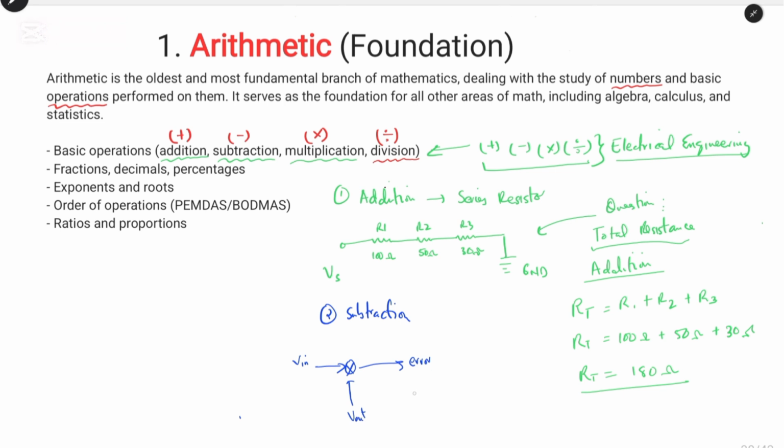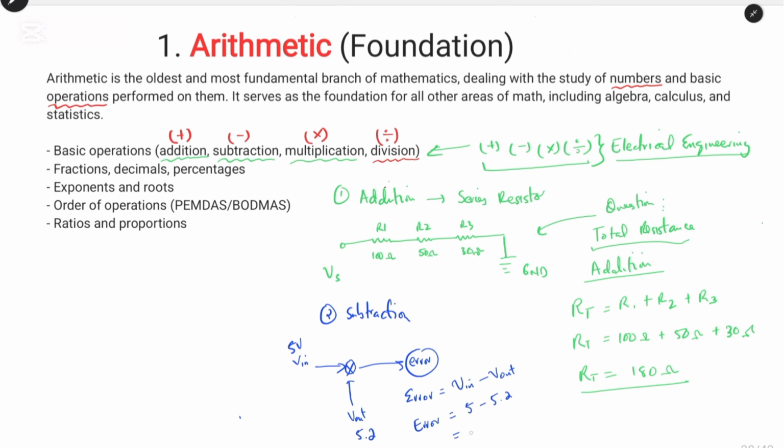The formula for such an equation is error is equal to V in minus V out. Imagine if we have the input voltage, which is 5 volts, and the measured output voltage is 5.2. Now the error that is produced in such a system is equivalent to 5 minus 5.2.